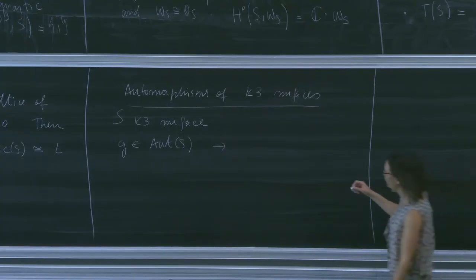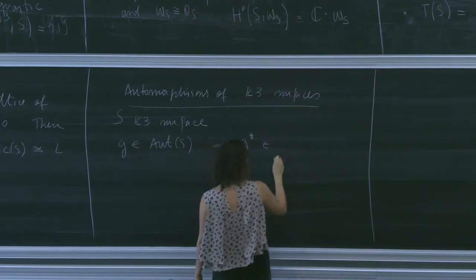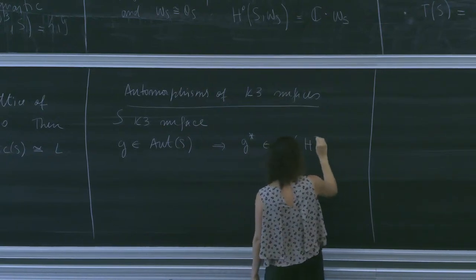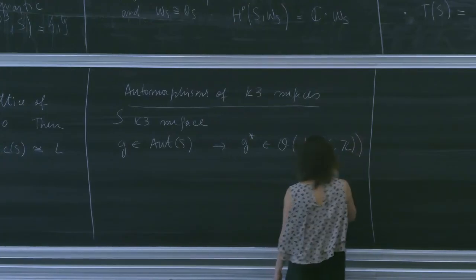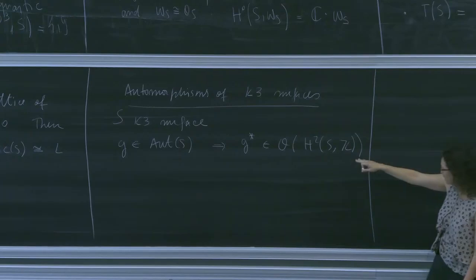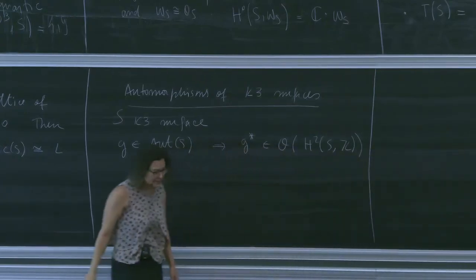So you get what we call g star, which is an isometry, say, of the K3 lattice. And the same thing for the Picard lattice. By this notation, I mean that it acts as an isometry of this lattice.